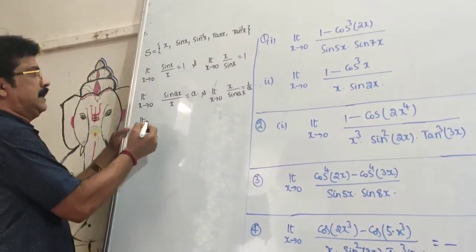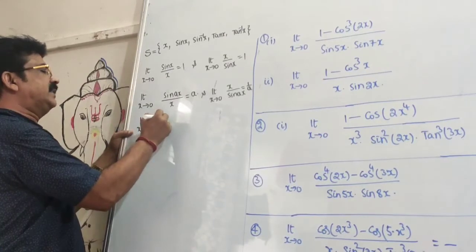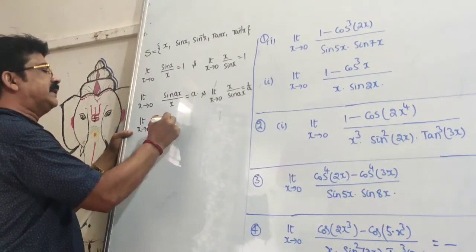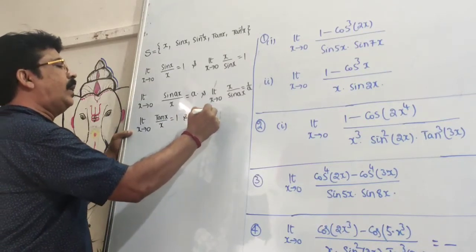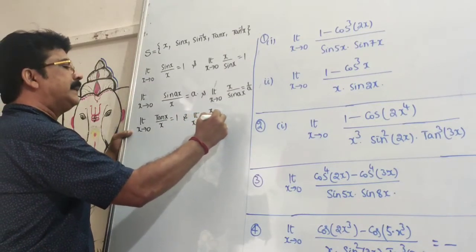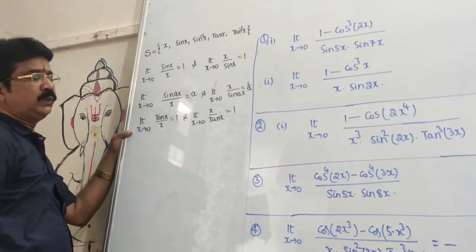It's a reciprocal. Similarly, tan x divided by x, that is equal to 1 as x tends to 0. x divided by tan x, that is also equal to 1.